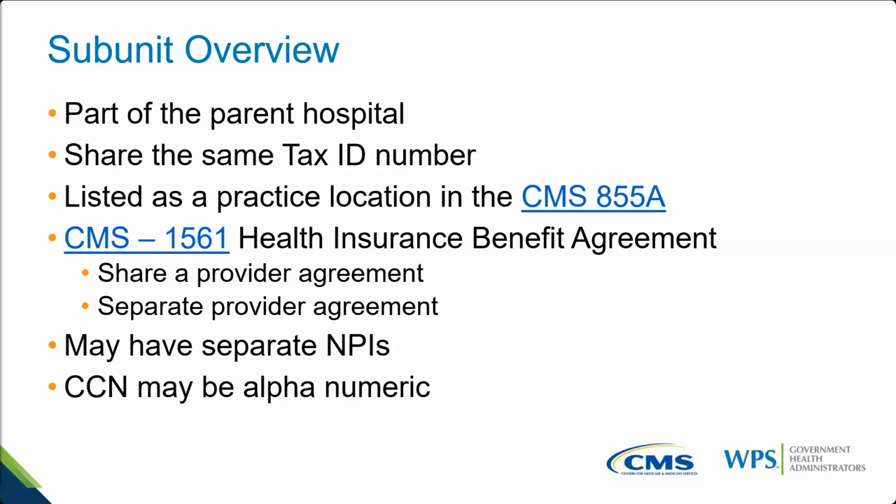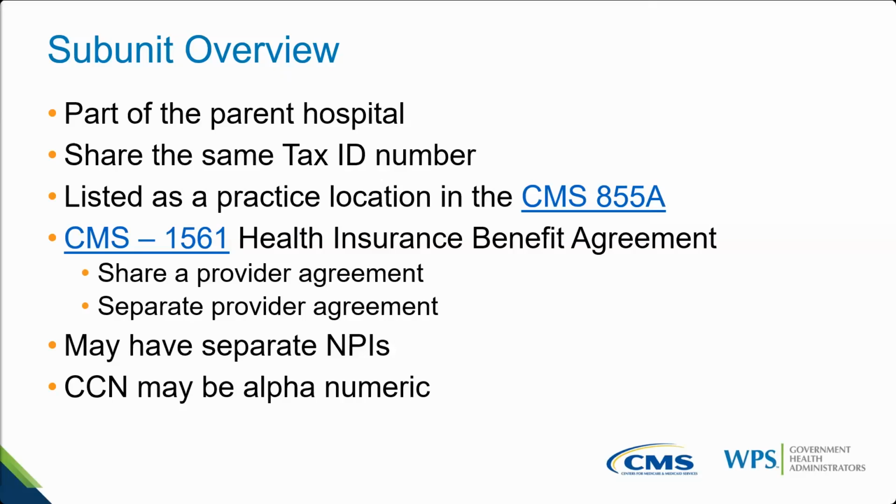And again, that is not something that is determined by the MAC. That is something that's part of that certification and survey process. Subunits may and often do have separate MPIs. That is not uncommon, but that is going to need to be listed in the application practice location section. Typically the parent hospital is going to have an all numeric CCN or provider number.